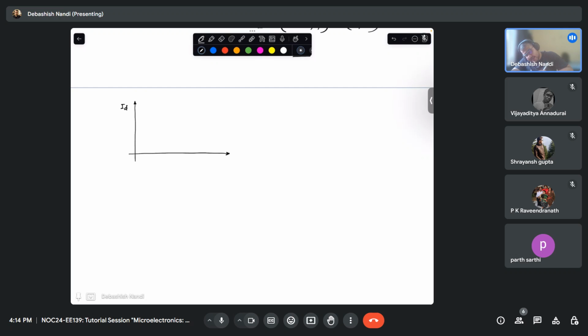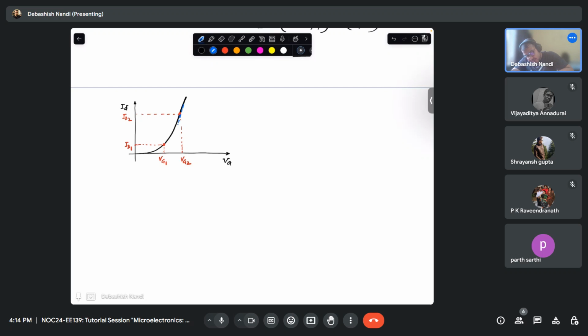Let's say this is ID, this is VG, okay? And let's say this is how your plot is. What is GM? Slope. So this is one point. Let's say this is VG1 and this is ID1. And let's say this is another point, VG2 and ID2. So what do you think?